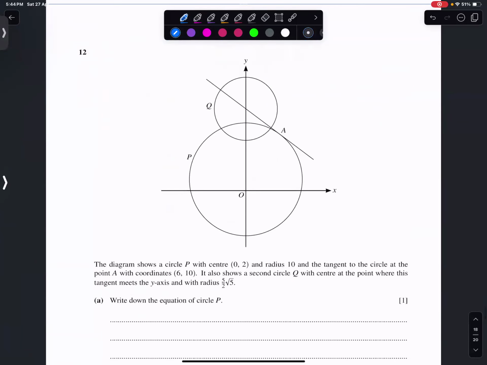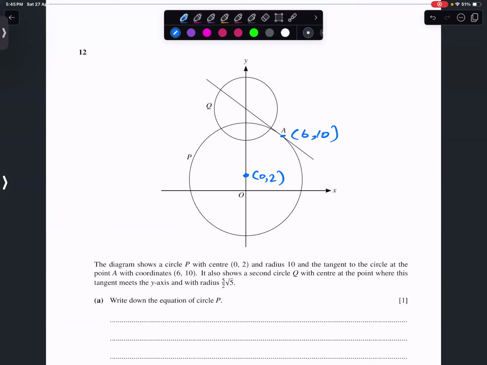The last question. The diagram shows a circle, circle P. Two circles are given, and its center is also given, 0 comma 2. Ahmed, I made you do this yesterday, you will remember. And the radius is 10. And the tangent to the circle at the point A with coordinates 6 comma 10.